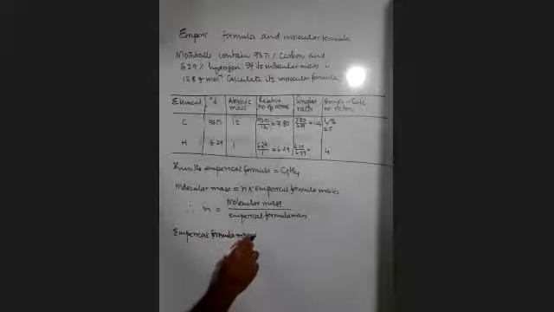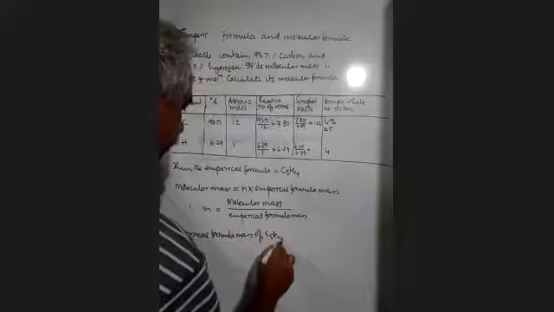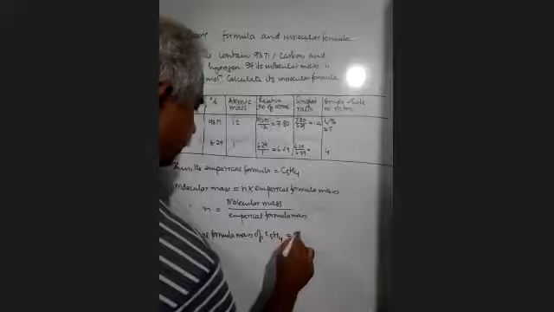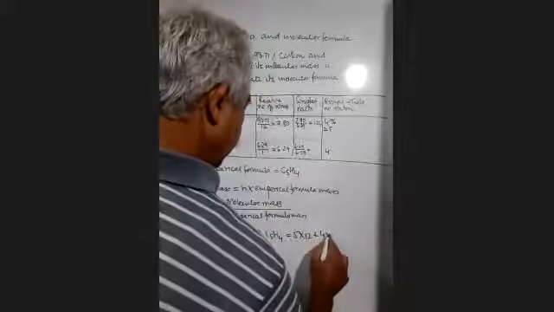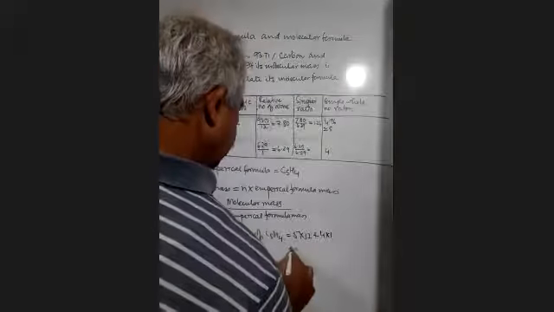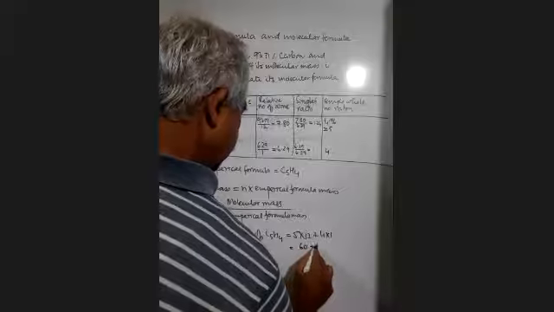So let us find out what is the empirical formula mass of C5H4. Now you know 5 into 12, because atomic mass of carbon is 12, and 4 into 1. So how much does it come? 60 plus 4, is equal to 64. So now we'll write, therefore N is equal to what?